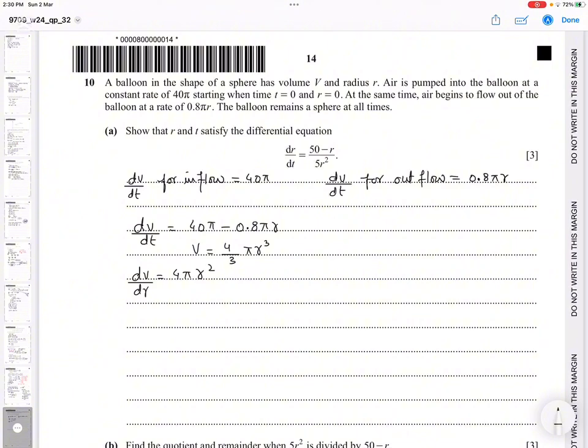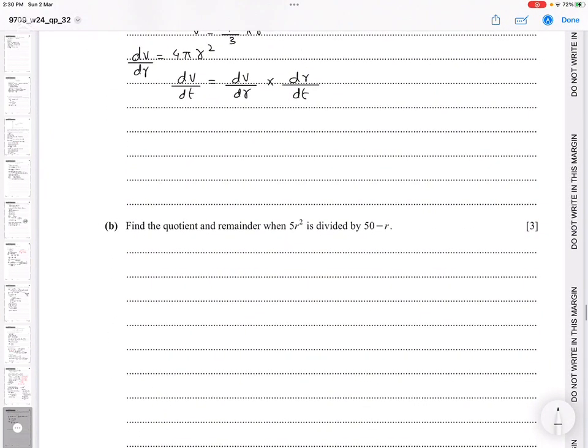Now use the chain rule formula. dV over dt is equal to dV over dr times dr over dt. So make dr over dt your subject. So it becomes dV over dt times dr over dV.